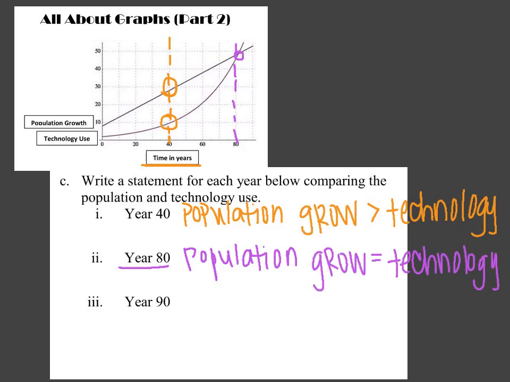And then in year 90, which would be right here, my graph kind of ends, but I can picture both of these lines going on, and it's pretty easy to see that population growth would now be much smaller than my technology use.